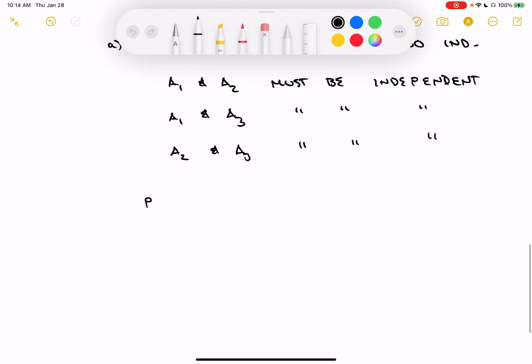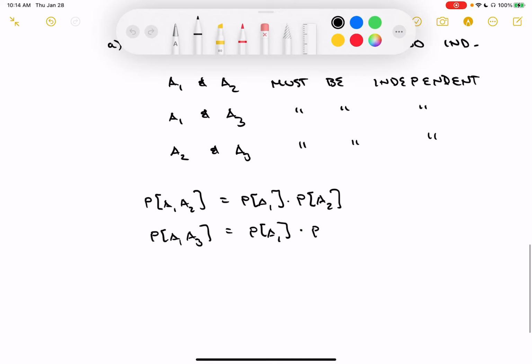We could show that by saying probability of A1, A2 was equal to probability of A1 times the probability of A2, that the probability of A1 and A3 was equal to the probability of A1 times the probability of A3, and that the probability of A2, A3 is equal to the probability of A2 times the probability of A3.